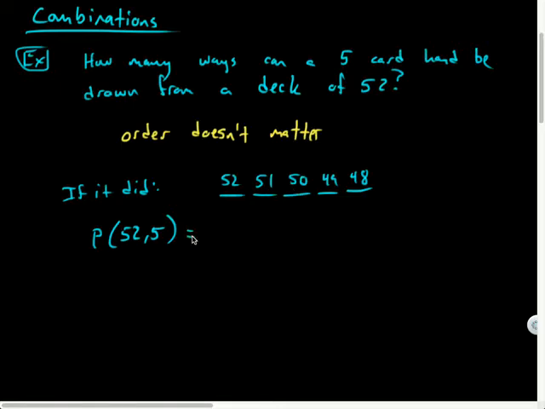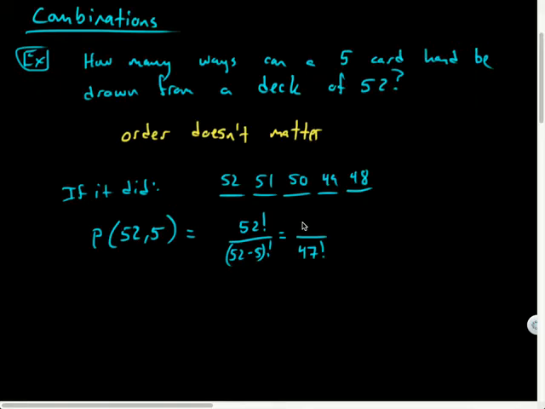So let's actually look at this. Permutation 52, 5 would have been 52 factorial over (52 minus 5) factorial, in parentheses, because that makes a difference if I don't do that. So 52 minus 5 is going to be 47 factorial.